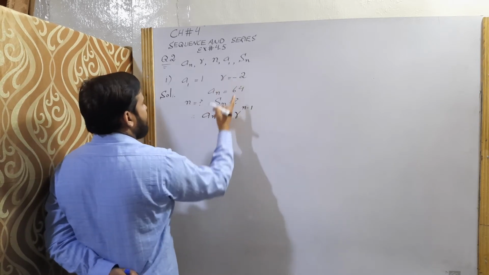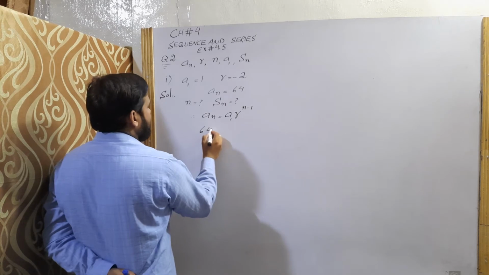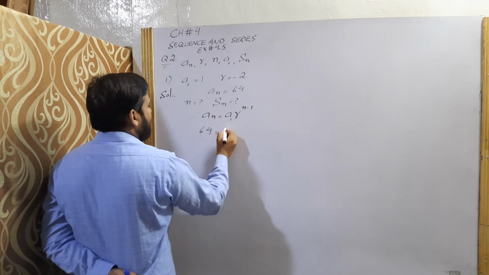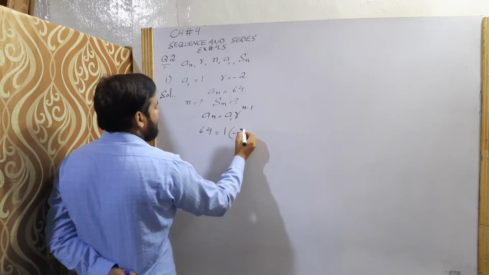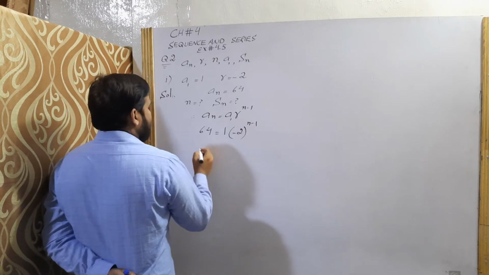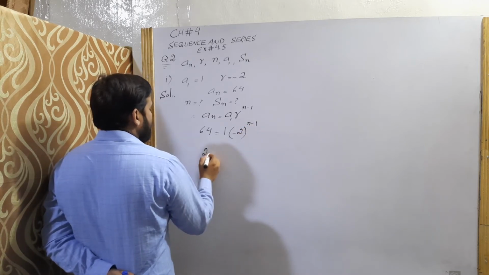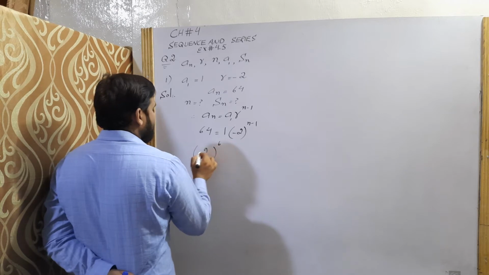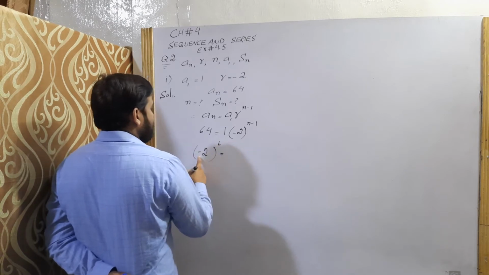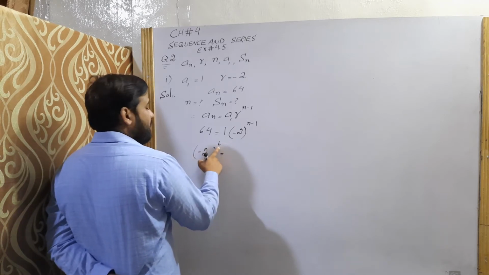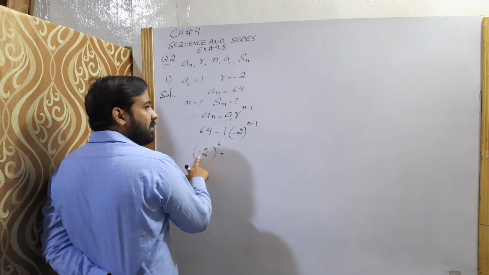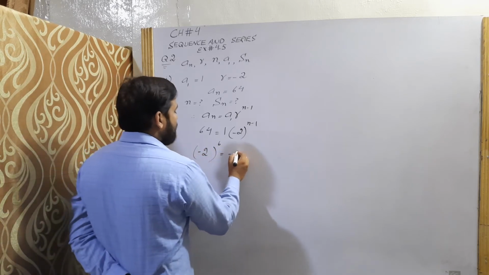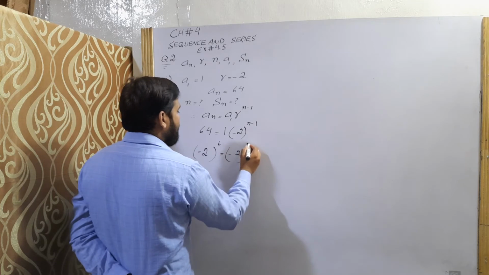An which is last term, which is 64, A1 which is equal to 1, r is minus 2. 64 can be written as 2 raised to power 6 and minus 2 raised to power, because there is an even power, so this minus should be converted into positive sign. So this is minus 2 raised to power n minus 1.